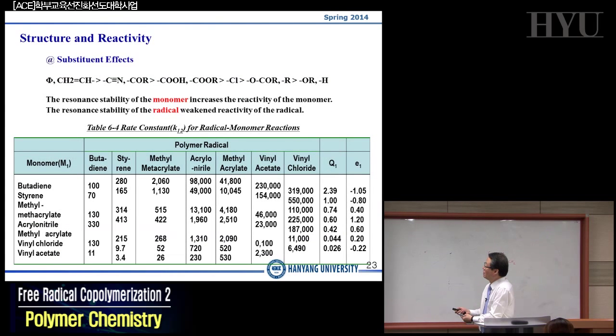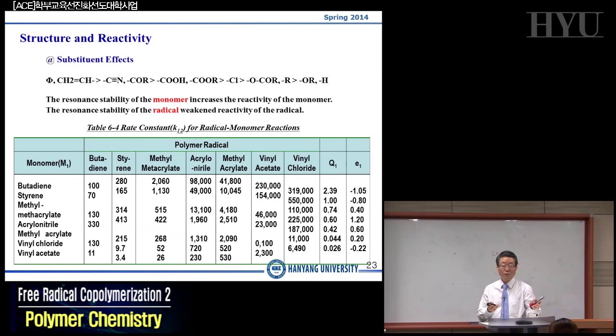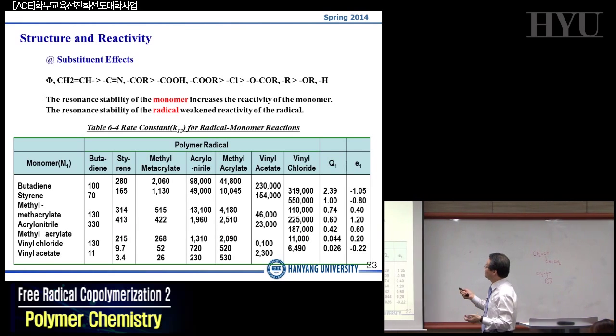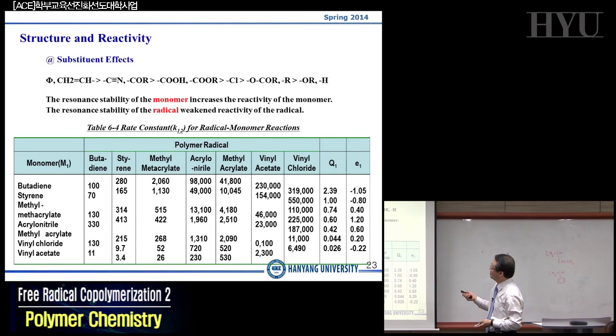and therefore the substituent effect of the substituent groups is that your monomer reactivity always increases when you have resonance stabilized substituent groups, right? However, a resonance stabilized substituent group, when it becomes a radical, is not reactive anymore.